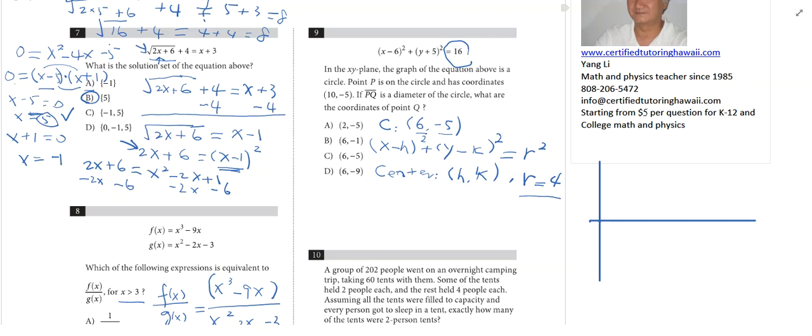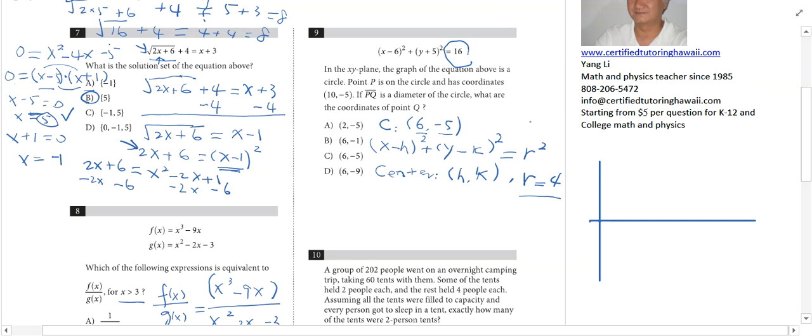So you go to 6: 1, 2, 3, 4, 5, 6, and for −5, you go 1, 2, 3, 4, 5 down. This is −5 here. So the center is right here for the circle.